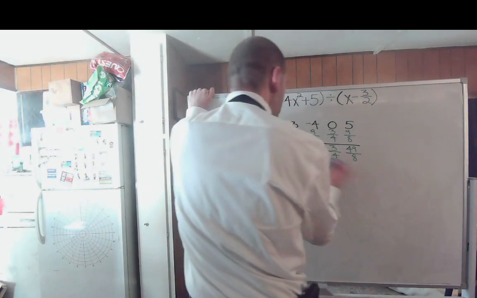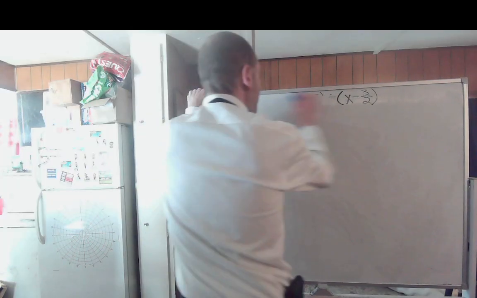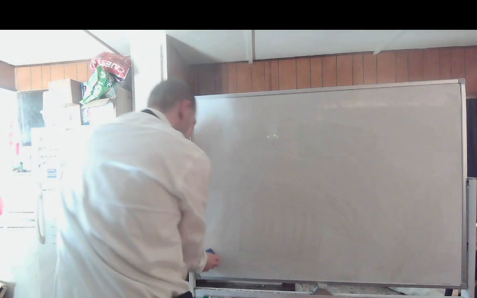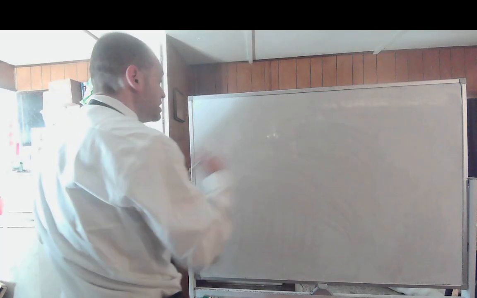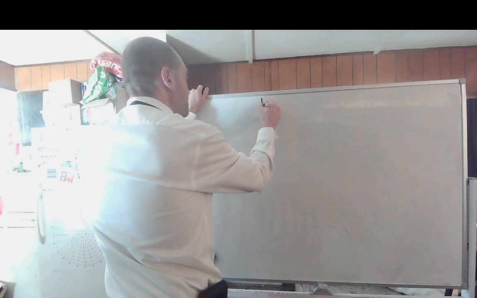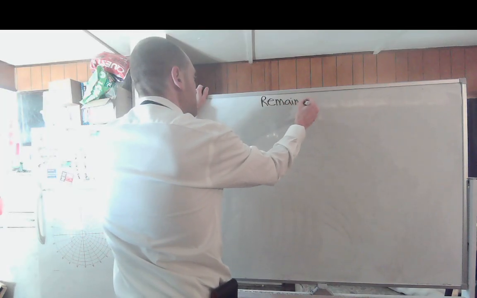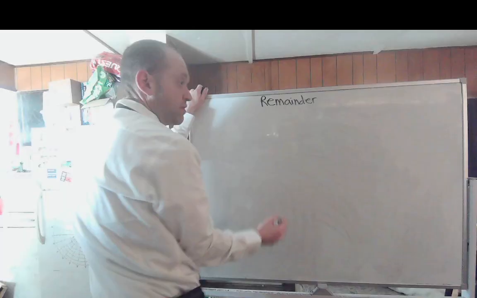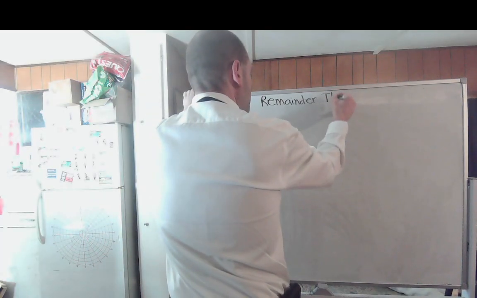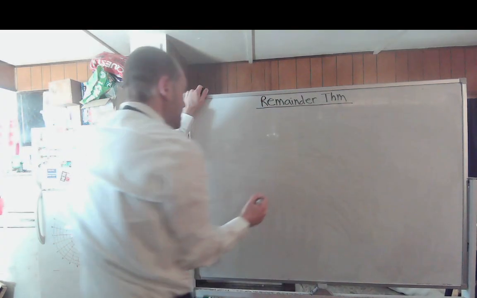So let's go ahead and talk about the factor theorem, or the remainder theorem, excuse me. This may seem like a review from Algebra 2 when we covered synthetic division, and really, truly it is, but it's very necessary.